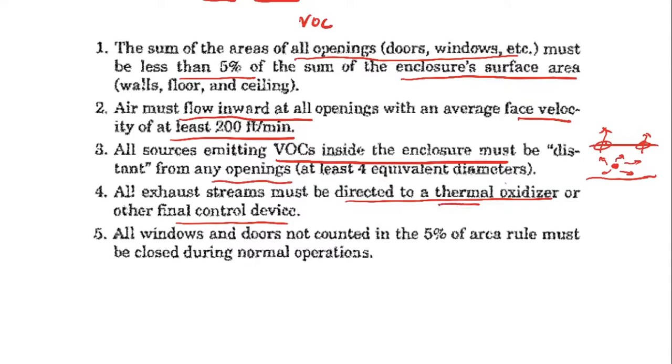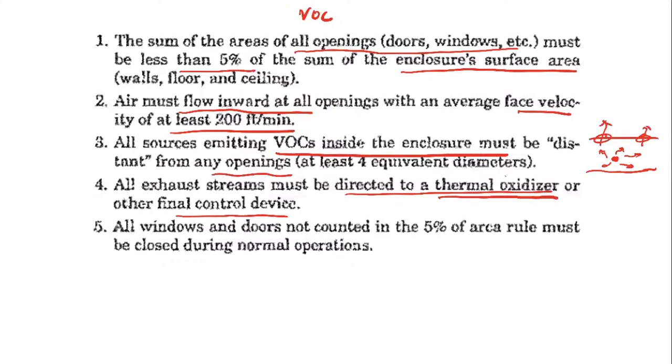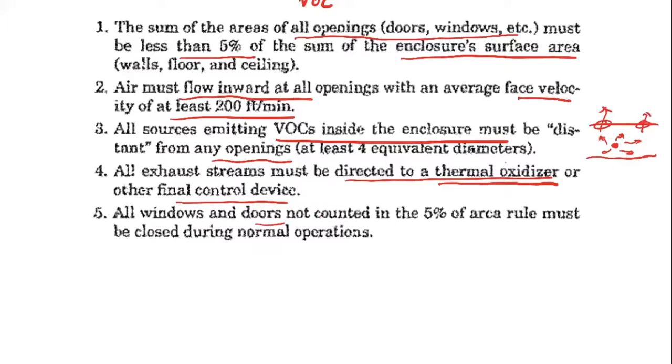The thermal oxidizer is the device that removes these VOCs by combustion or incineration. Finally, all the windows or doors not counted in the 5% area rule should be considered too, right? This is again about how we design such a system so that there is no air leakage, right?